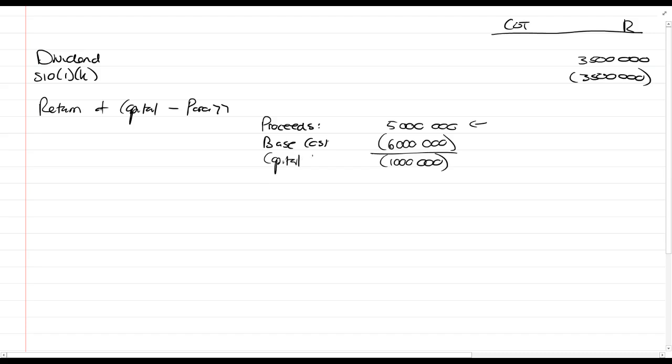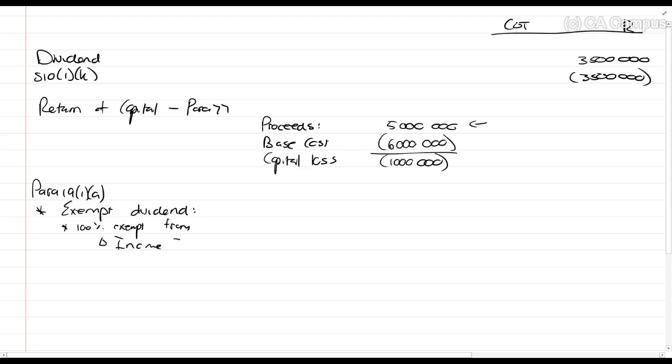This now gives us a capital loss. Now, the moment that you have a capital loss calculated from the disposal of shares, you have to consider paragraph 19. In this case, we have to consider paragraph 19.1(a) because it is a liquidation, and it says you must identify the exempt dividend. And the exempt dividend is 100% exempt from two taxes, income tax and dividends tax.